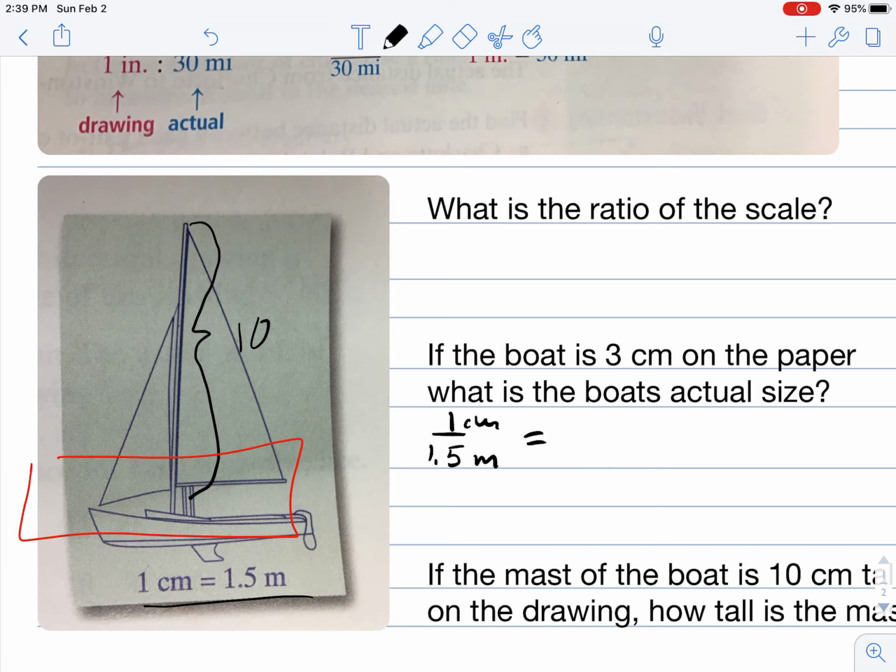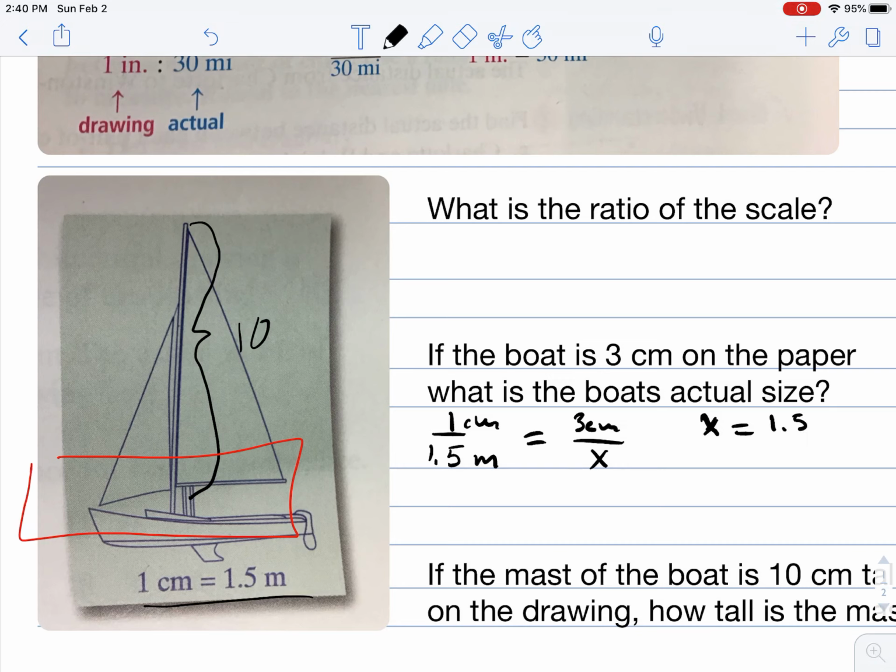So right here, if the boat is 3 centimeters on paper, what is the boat's actual size? So 3 centimeters over the actual size. So 1 centimeter is equal to 1.5 meters. We set up our ratios like that, and now we can use cross product. So 1 times x is just going to be x.